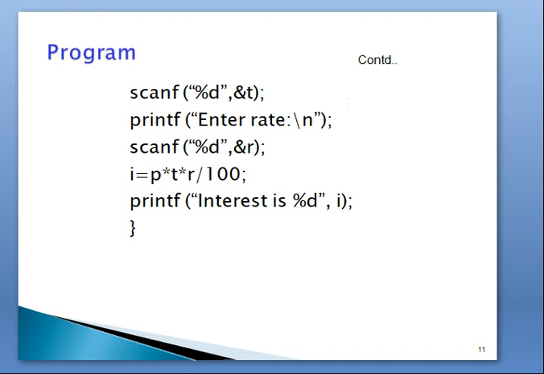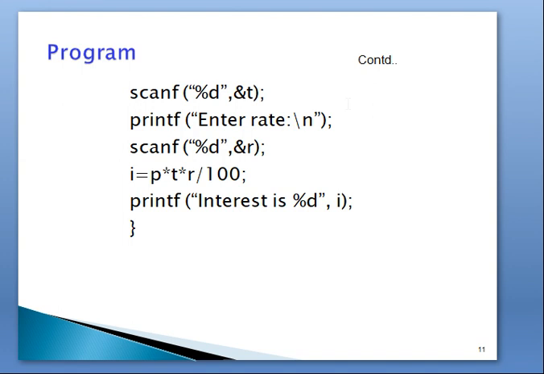In the next line, we wrote printf: enter rate. It prints the control string's unchanged characters on the screen. Next line, scanf("%d", &r).